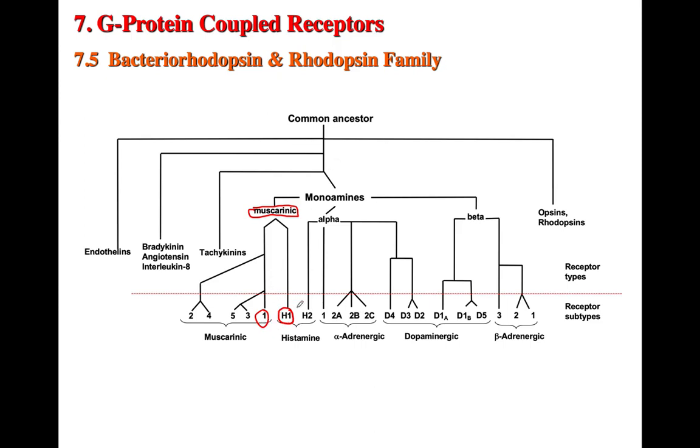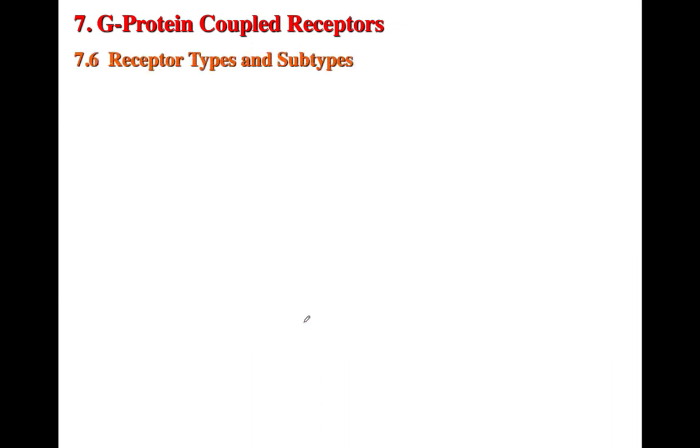So it is possible to develop, for instance, a molecule that's going to bind to the H1 receptor that is also going to affect the M1 receptor and the H2 receptor. And similarly, it's possible to have an H2 antagonist or agonist that's also going to affect the alpha 1 receptors. So it is important to keep that in mind as we strive to develop drugs that interact with these receptors.